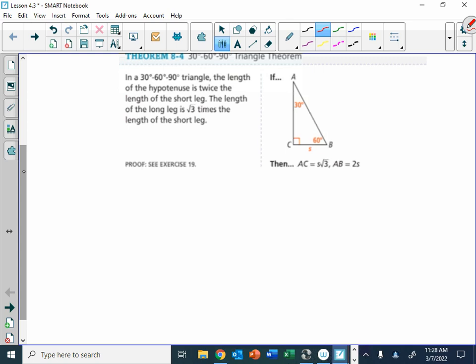So that smallest side, the side across from 30 degrees, is going to be labeled S. The other leg, the leg across from the 60-degree angle, is going to be S times the square root of 3. And then your hypotenuse is 2 times S.